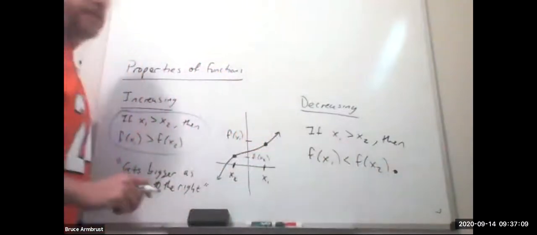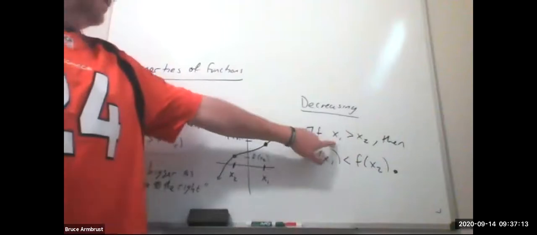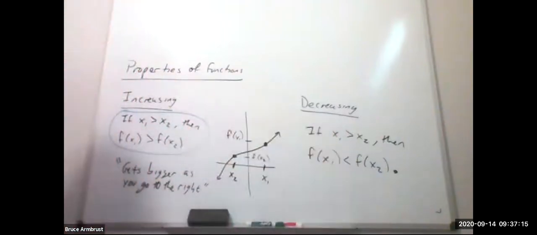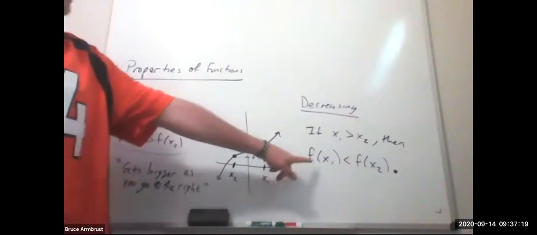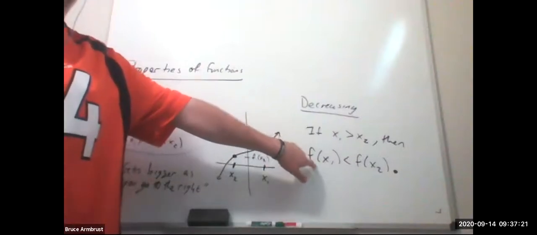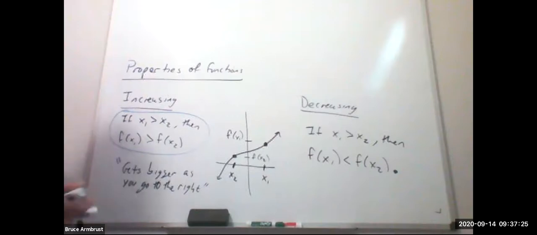The first one I left alone. It still says x1 is greater than x2, because I still want to be talking about going to the right. But now I'm saying that that y is smaller. So we're going down as we go to the right. So I just put here get smaller as we go to the right.